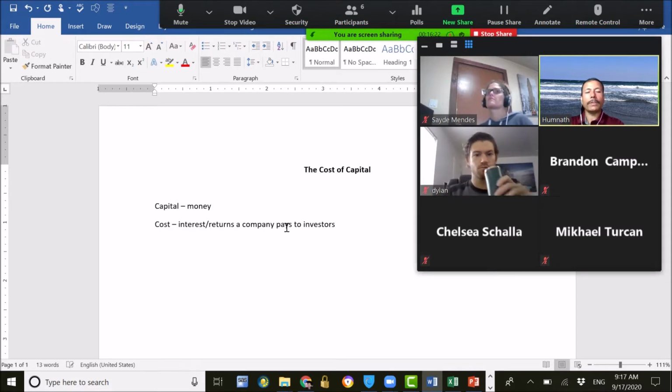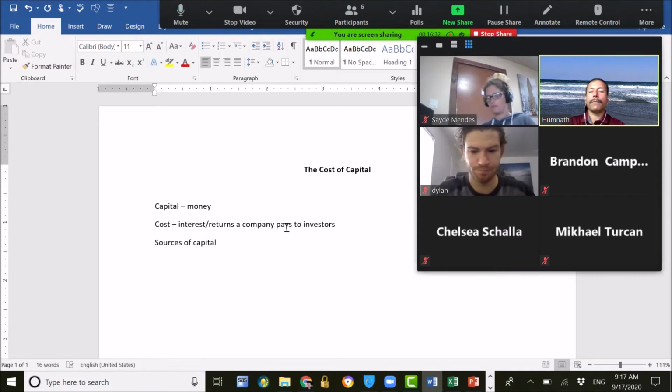So, the sources of capital. There are two broad categories of capital. The first one is equity, and the second one is debt. Are you clear about that?